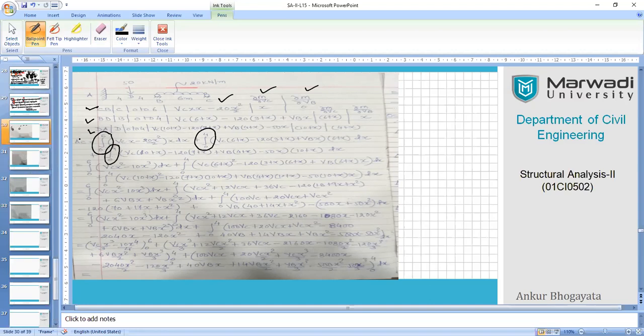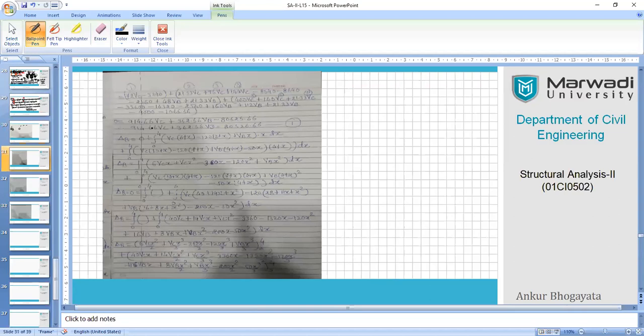So then I started with the first deflection at point C. So it ended over here with this equation. You can see here the first equation is calculated here.